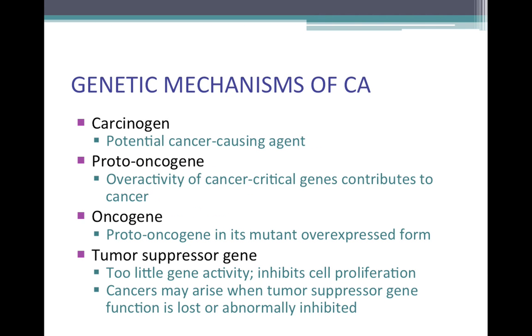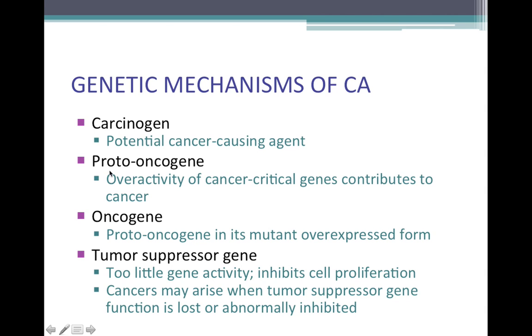Now, some of the genetic mechanisms of cancer include carcinogens, like we talked about. These can be agents like chemicals that cause cancer, or maybe even radiation. But what's interesting too is that we get these things called proto-oncogenes. Basically, a proto-oncogene is an overactivity of a cancer-critical gene that contributes to that cancer.